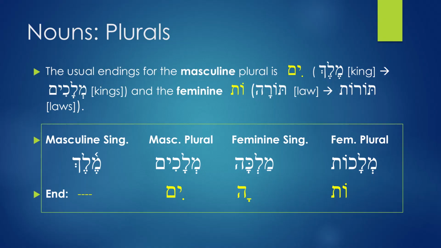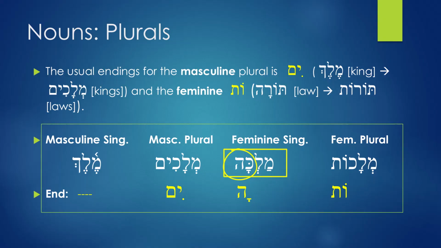Because the ending of a word is going to give you two things that are important. It's going to tell you the gender of a word. As you look at, for example, the word malka, malka means queen. That a ending is going to give you two things. Number one, it's going to tell you the gender of a word, that the word you're looking at is feminine because of the a ending.